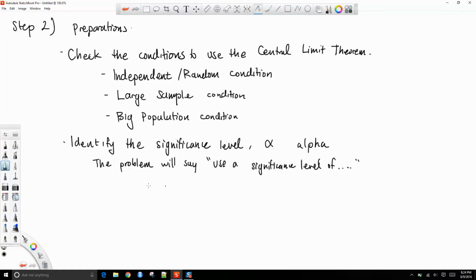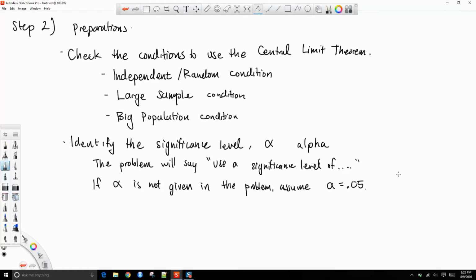And if it doesn't say that, then assume alpha is 0.05, okay? If alpha is not given in the problem, assume alpha is 0.05.